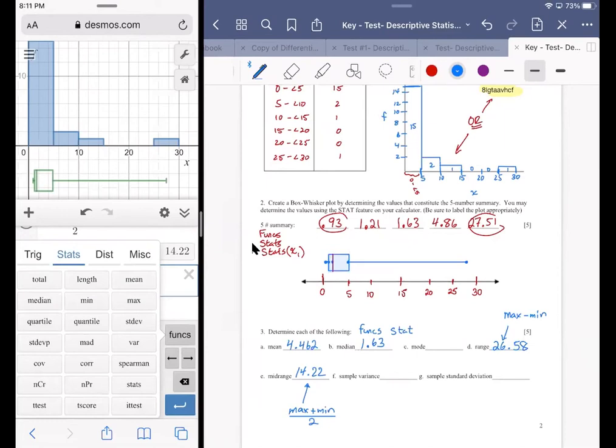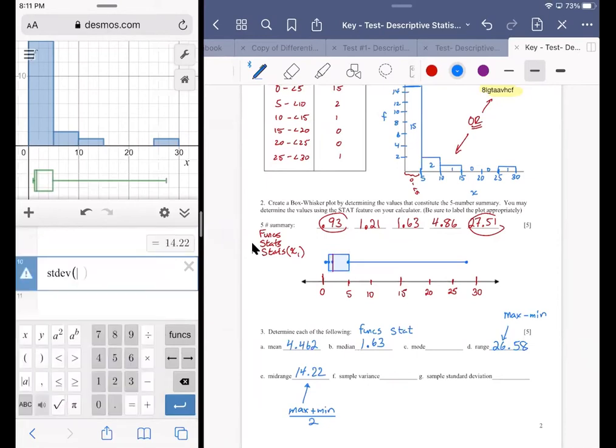P is for population. That's unit 2. We're not even touching that yet. So standard deviation X1 is what we would type in. Round that, I'll do it to 3 again, 3 decimals, so 6.609.